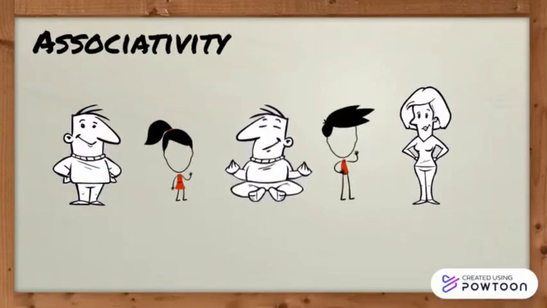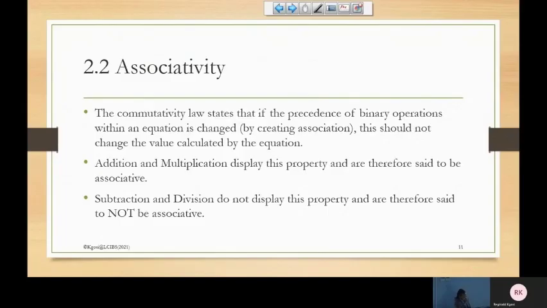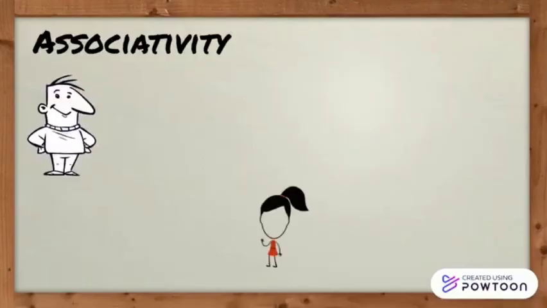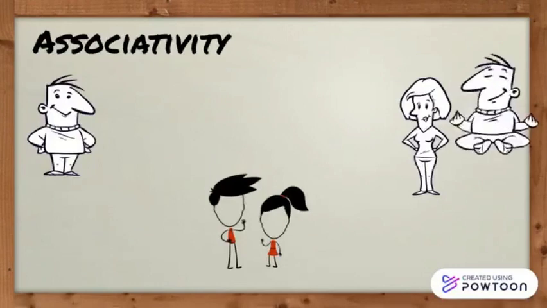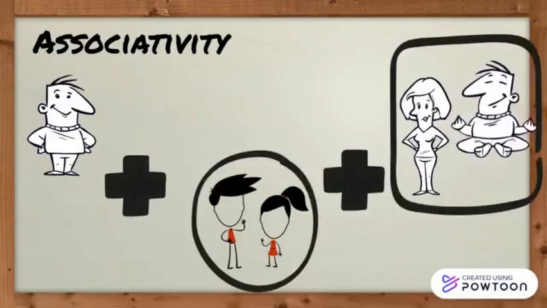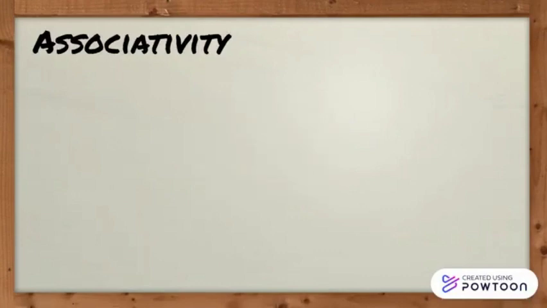So we are saying here again that addition and multiplication are associative because they display this property, whereas subtraction and division are not. We prove it by making different associations. Here we have 2 plus, and then in brackets 3 plus 4 plus 5.